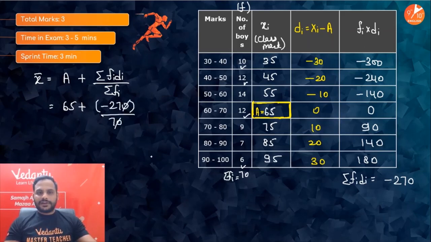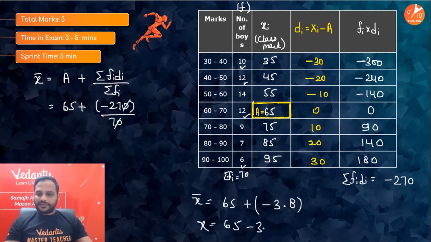So the zeros will get cancelled. You will be getting 65 plus minus 27 upon 7. 7 3s are 21, the remainder is 6. So 7 8s are 56, so it is minus 3.8. So the mean will be equal to 65 minus 3.8, which is 61.2.